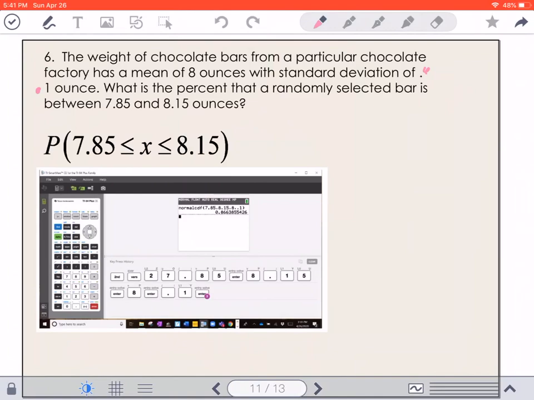Our mean here is 8 ounces, so 8, enter, with a standard deviation of 0.1, enter, and then enter 2 more times. And what we end up seeing is we get 0.8664 as our probability that a randomly selected bar is between 7.85 and 8.15 ounces.